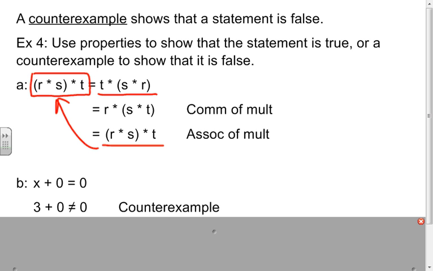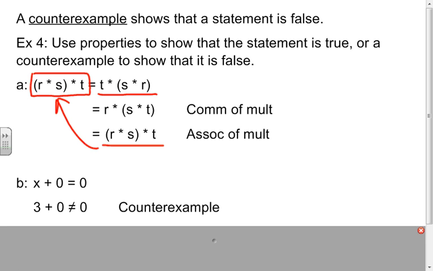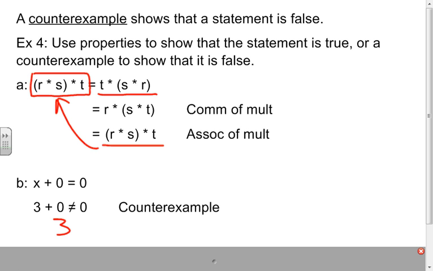No, it's not. 3 plus 0 is equal to 3. So 3 and 0 are not the same thing. So that would be false. Okay? You can either use properties to show that something is true, or you can use a counterexample to show that something is false.